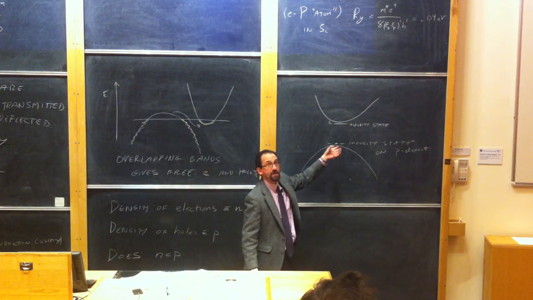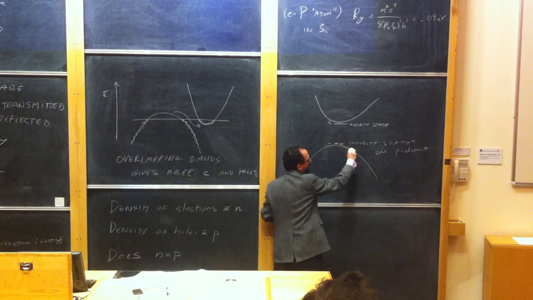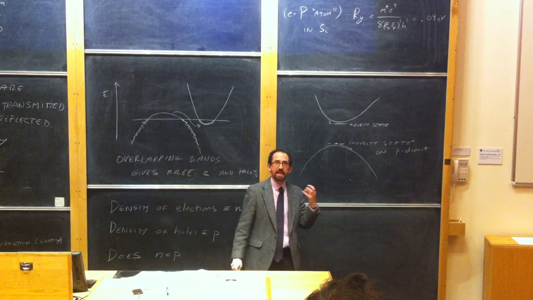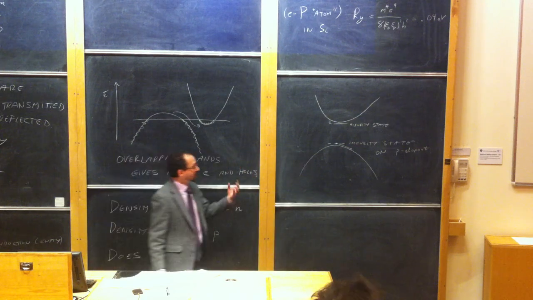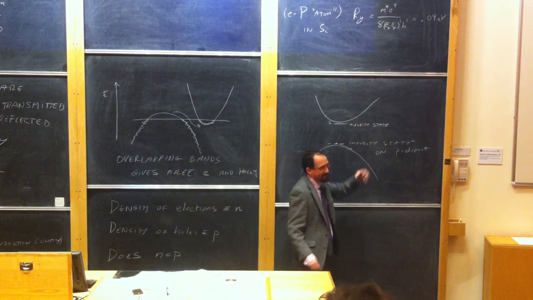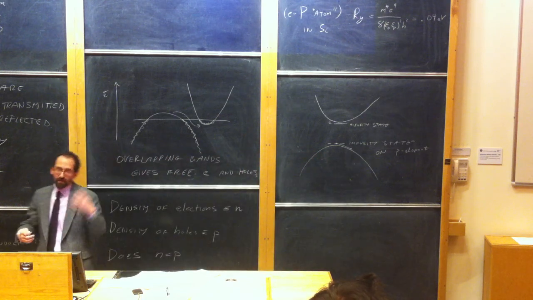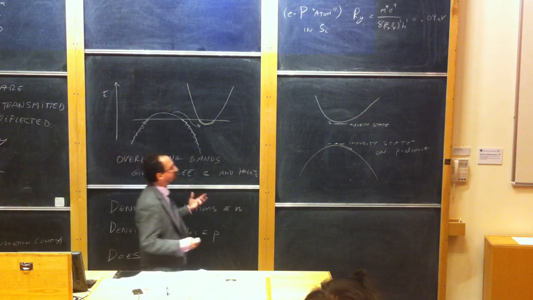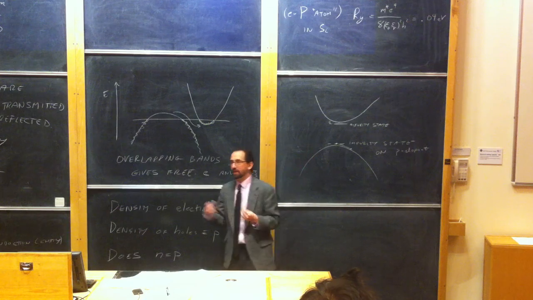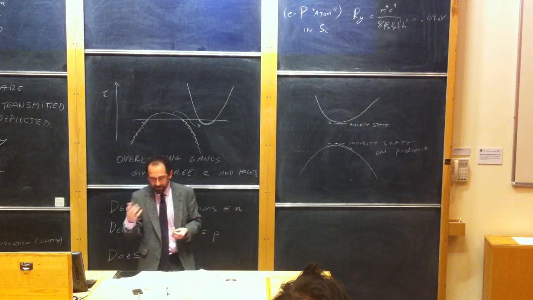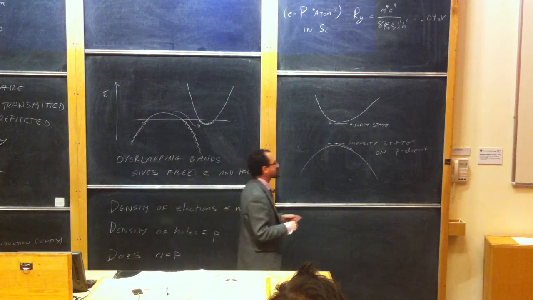At any finite temperature, the hole can get excited down into the valence band. Remember, it takes energy to push the hole down into the valence band. And so you can think of these dopants as just adding, at any reasonable temperature, either holes to the valence band or electrons to the conduction band. But at low enough temperature, these things will get bound onto the impurities they created in the first place.